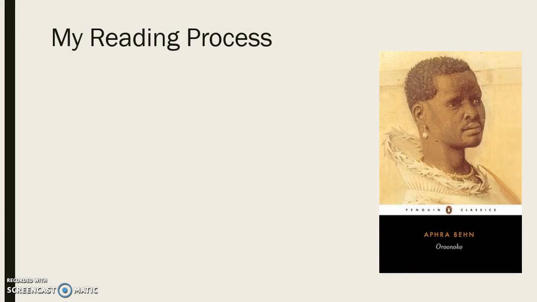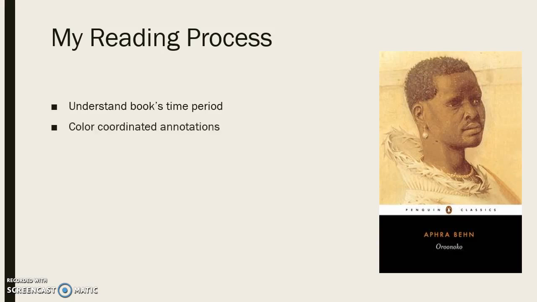Now, for my reading process of Oroonoko, I like to take my time and take detailed annotations. Now, I also like to begin a book with an understanding of the time period, and my annotations are color-coded. I do this because I'm a very visual person, and I can keep track of these certain things I annotate for easily and quickly with the colors.